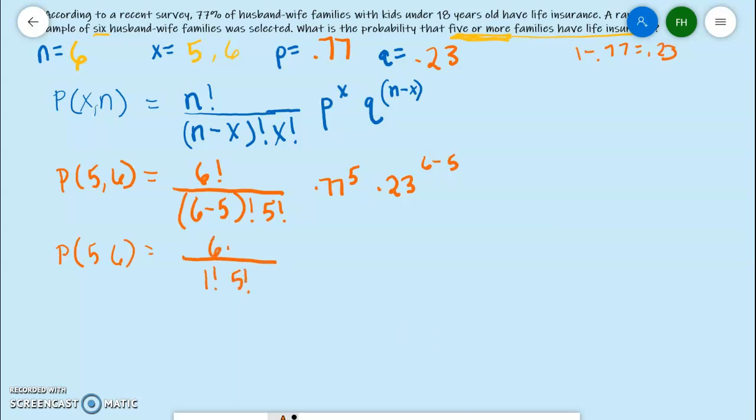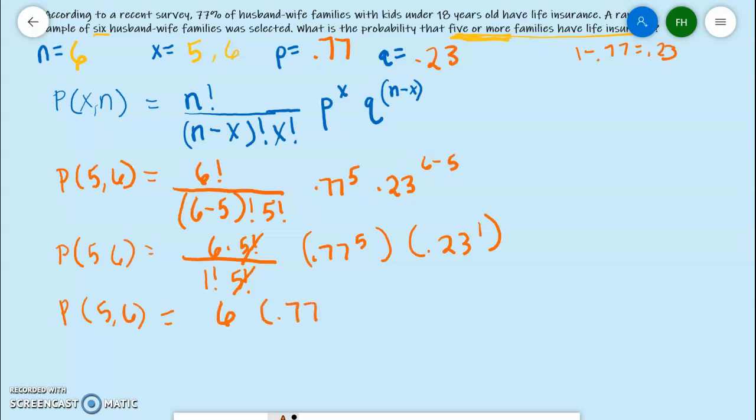So we want to cancel out with the 5 factorial. 6 minus 5 would just be 1. So we know 6 divided by 1 is 6. So we end up with 6 times 0.77 to the 5th times 0.23.